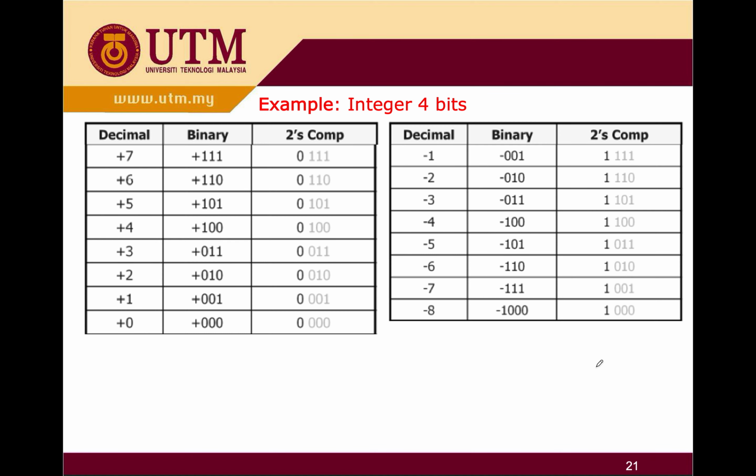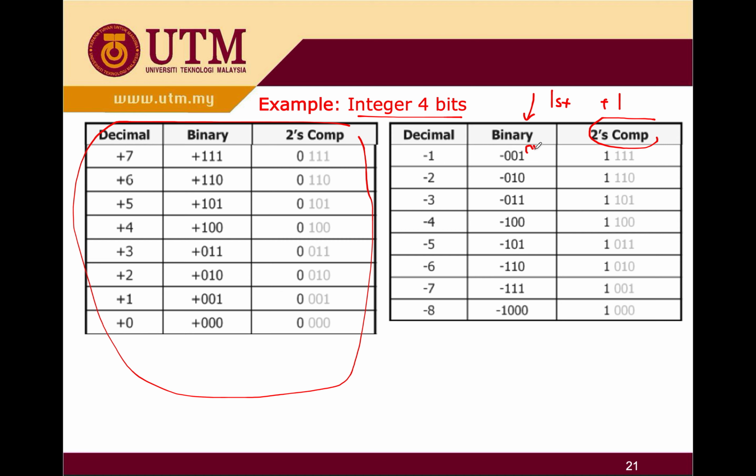Let's look into another example. This one is an integer of 4 bits. As I mentioned, for positive numbers there is no problem for you. But for negative numbers, the first thing you need to do is find the first complement. Then for the second complement, you add 1. Let's say over here you have negative 0 0 1.